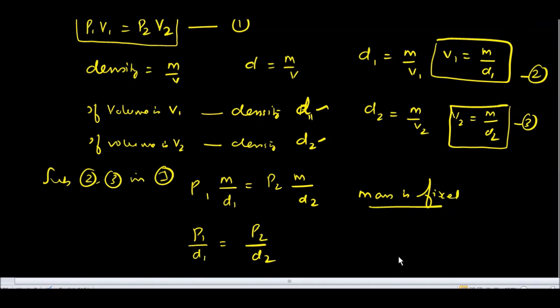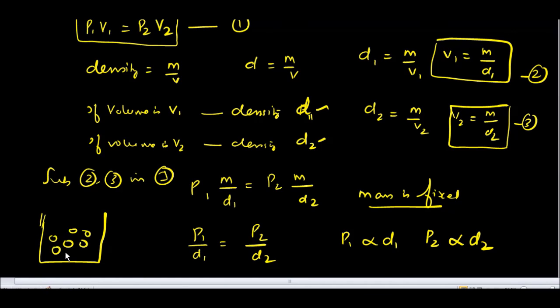This relationship shows that the pressure P1 is directly proportional to the density D1, and P2 is directly proportional to D2. Greater the density, greater would be the pressure. Consider a vessel like this in which these are all the gaseous molecules, meaning here its density is greater.